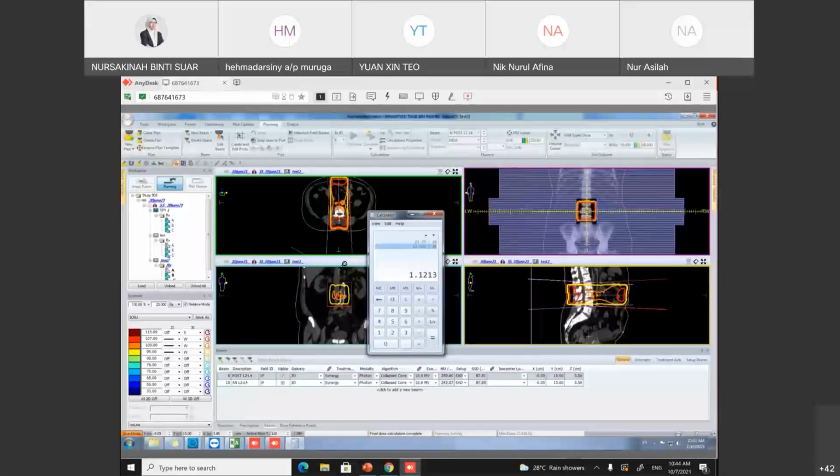So for this situation, it exceeds the RTOG criteria of 10%, right? But because this is a palliative case, we have no choice. We don't want to make the plan more complicated, so we will just accept this 12% highest.